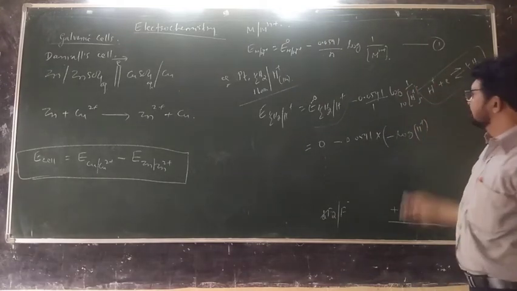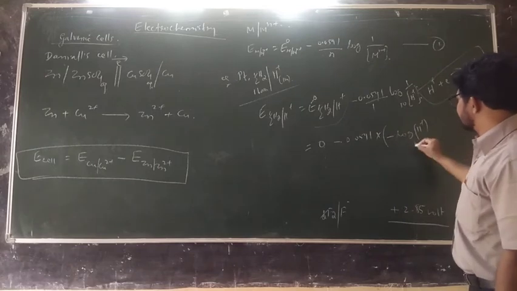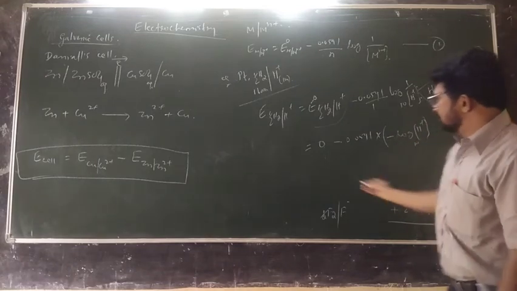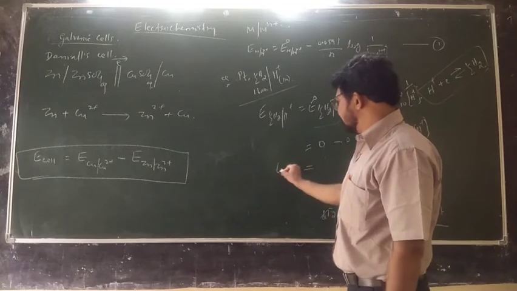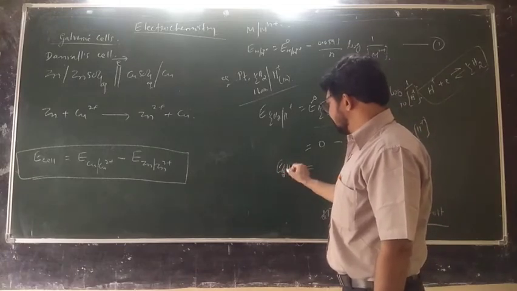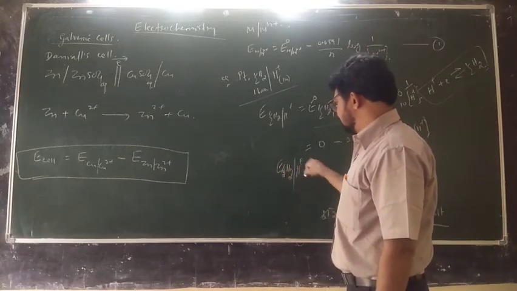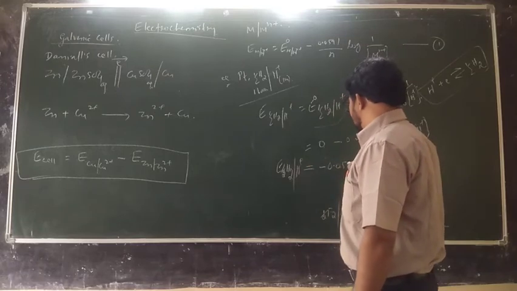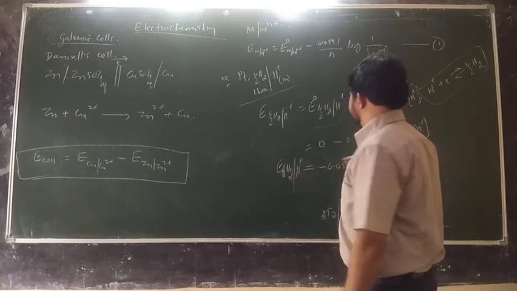So minus 1 log H plus, if you do, the final equation is E of half H2, H plus equals minus 0.0591 pH.